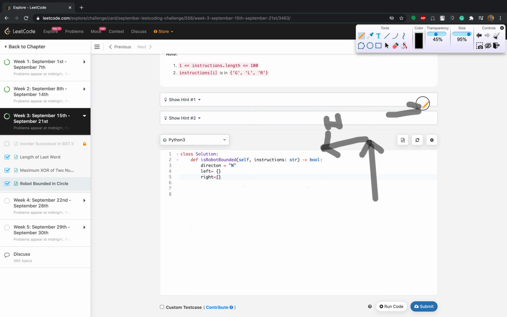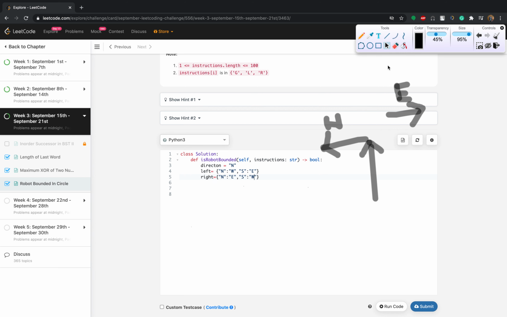This is your east if it moves right. So let's note this down. From north, if it goes left, it's west, and if it goes right, it's east. Similarly for south, if it goes right, it's the opposite, and it would be west.